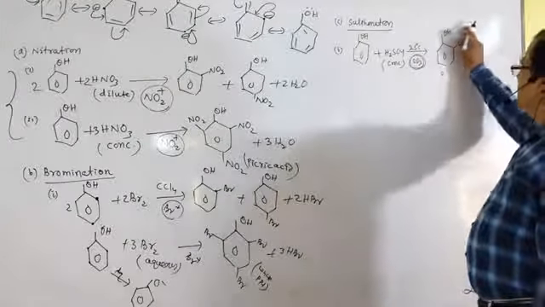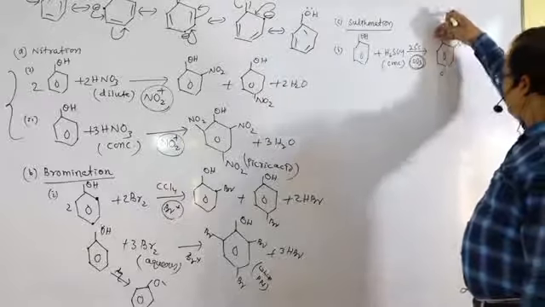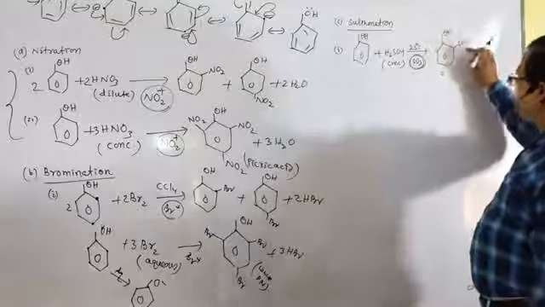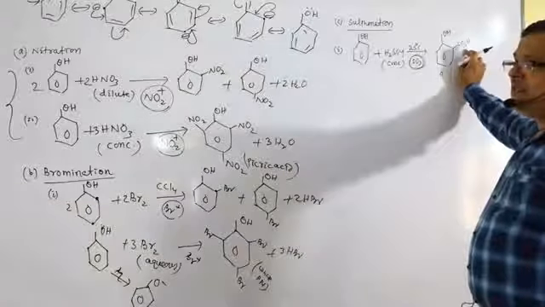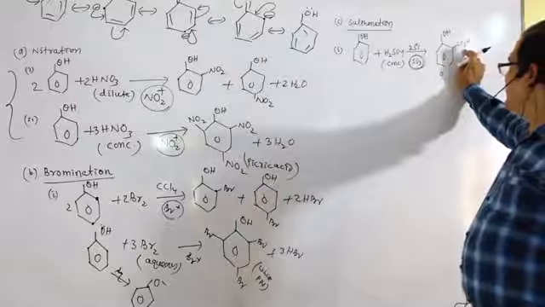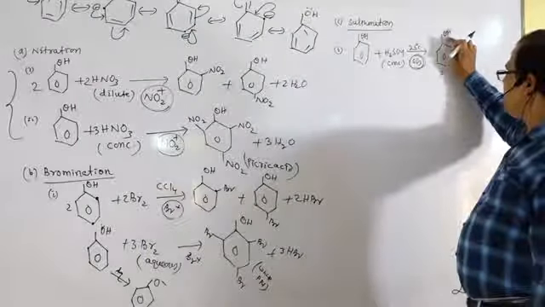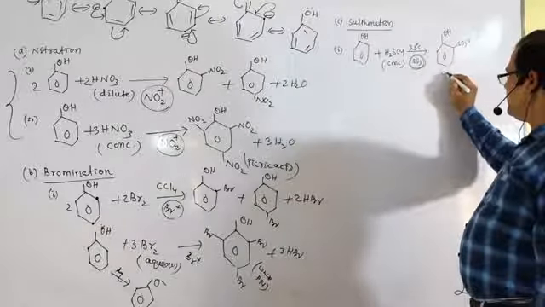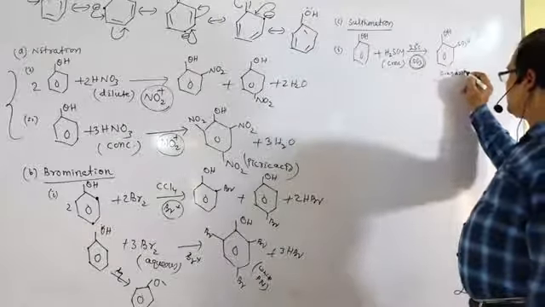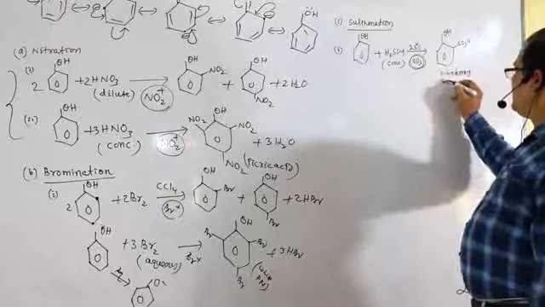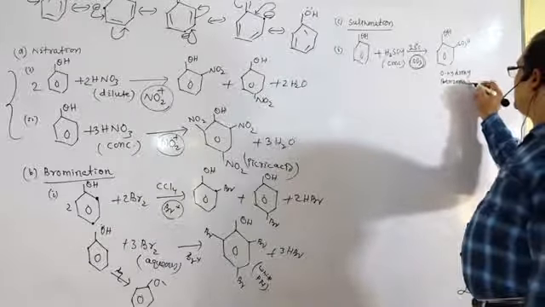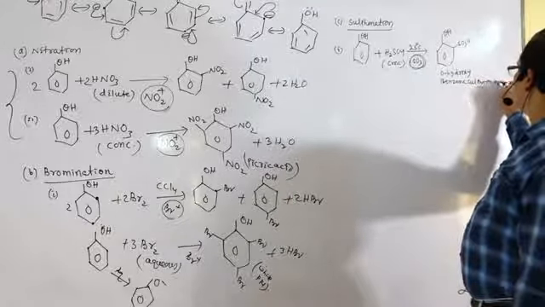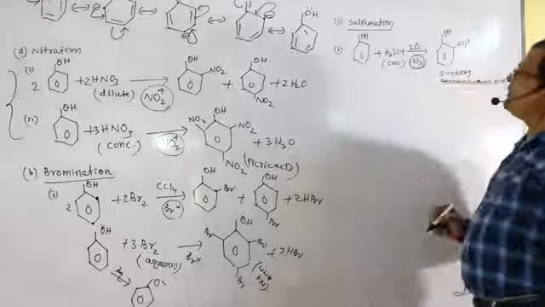This is your phenol, this is benzene sulfonic acid, and among these two groups, the senior group is SO3H, so it is named benzene sulfonic acid. At the ortho position there is the presence of the hydroxy group, that is ortho-hydroxy benzene sulfonic acid.